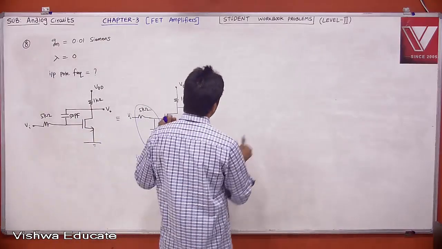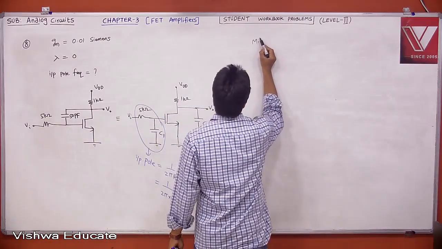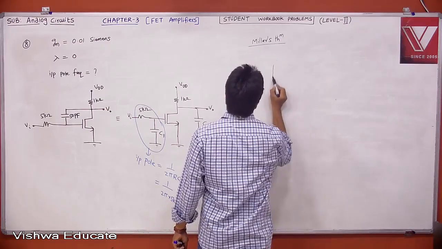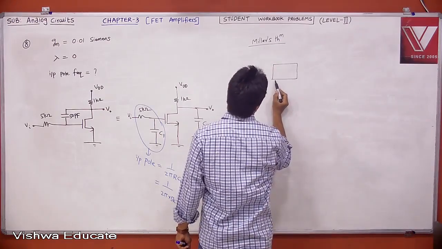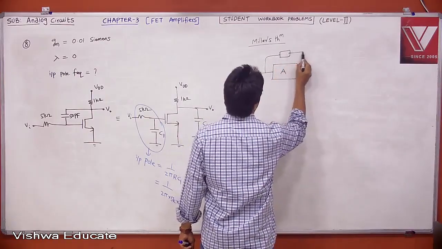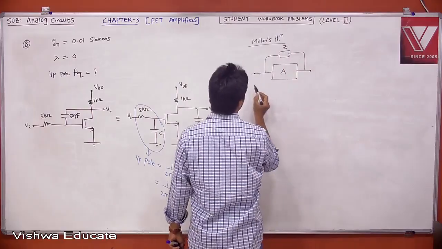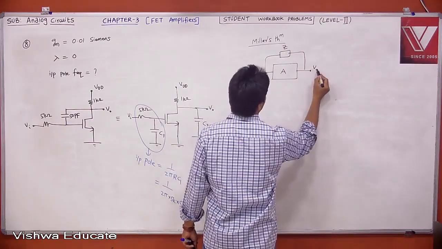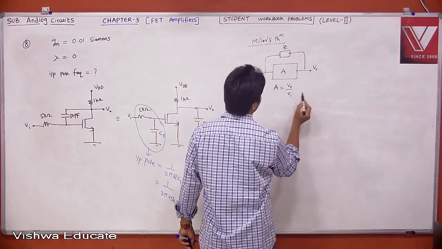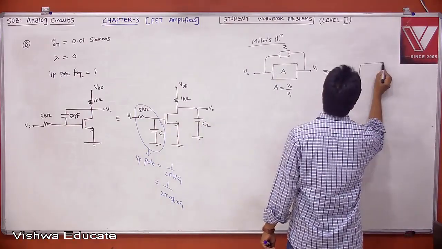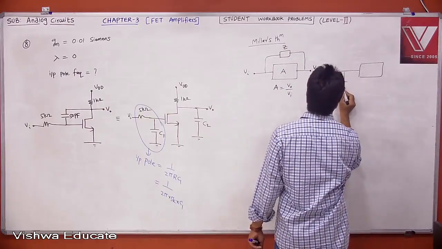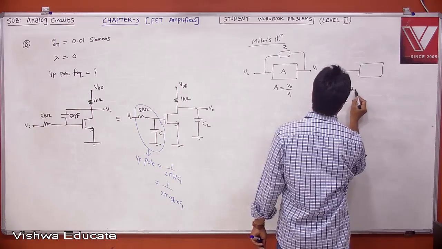Miller's theorem says: if you have a system with a gain of A, and there is a Miller impedance Z between Vi and V0, where A is V0 by Vi, then using Miller's theorem we can resolve the feedback impedance into input as well as output impedances.